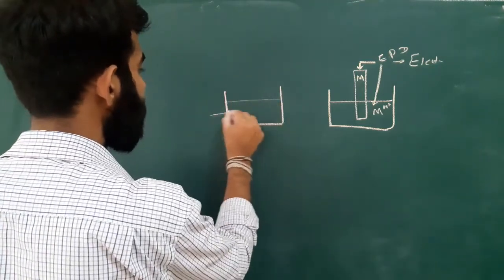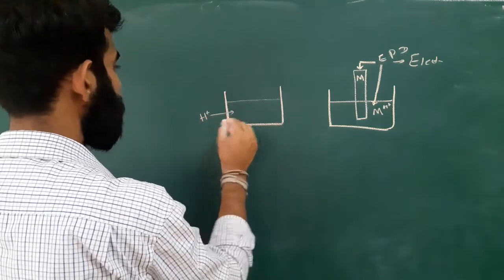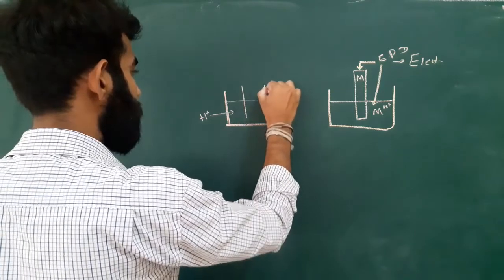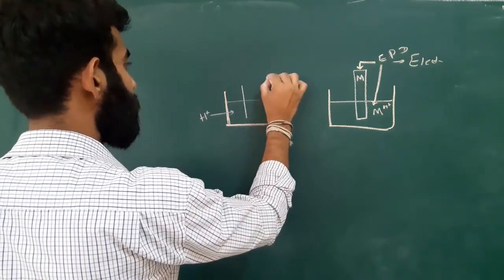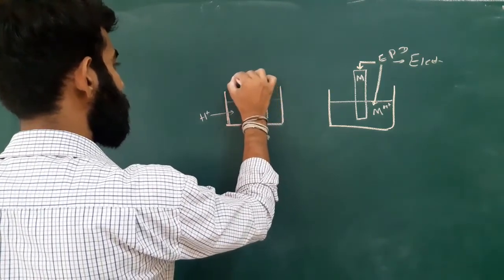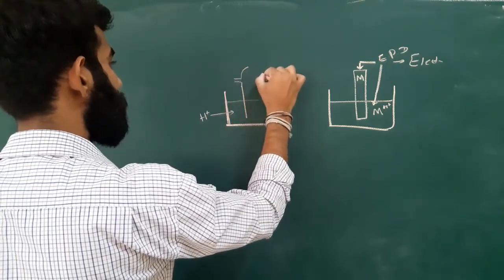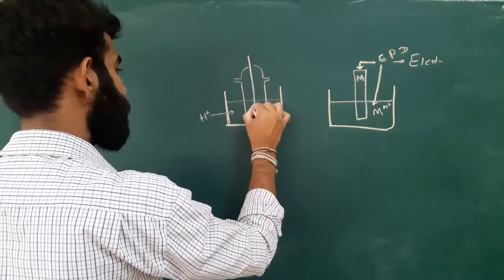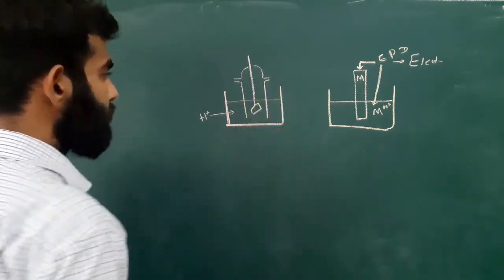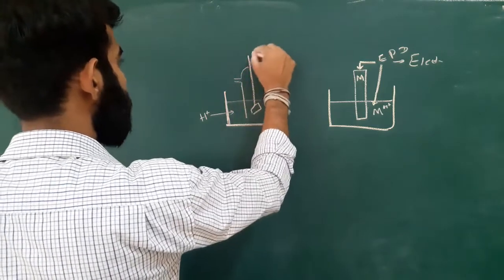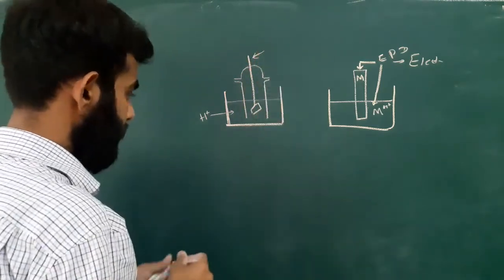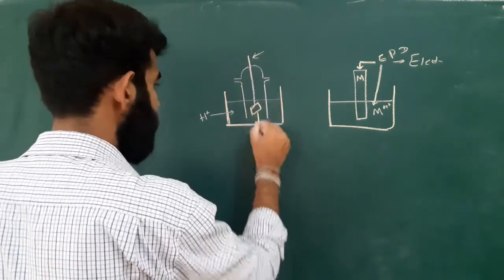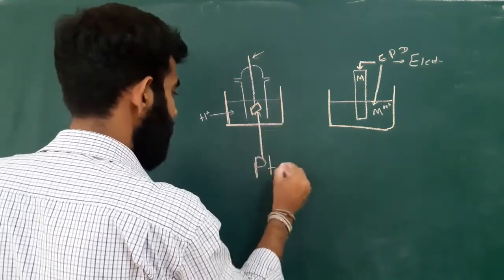Solution containing H plus, this is a platinum rod or platinum electrode. At the bottom of that platinum electrode there is a platinum plate.